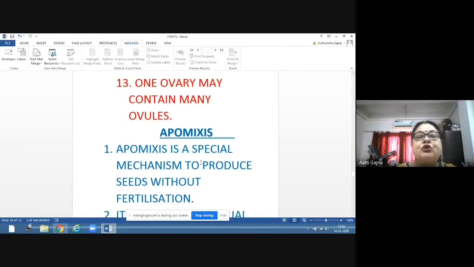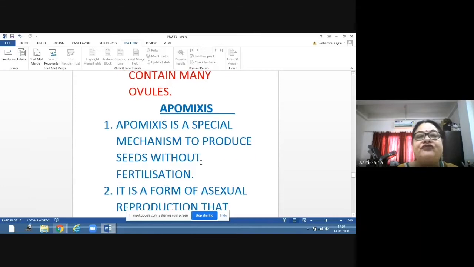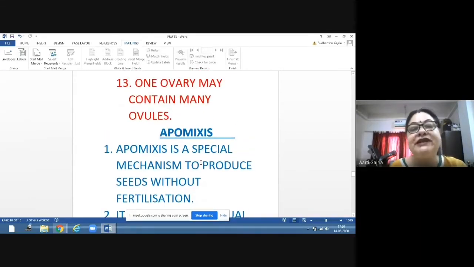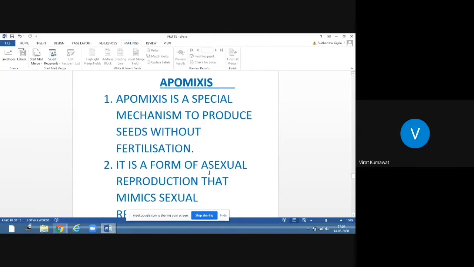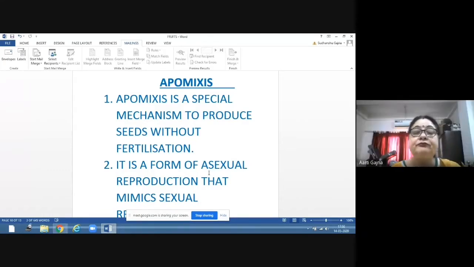Now there are 2 important terms at the end of this chapter: apomixis and polyembryony. Now what is apomixis? Apomixis is a special mechanism to produce seeds without fertilization. Till now we were saying that when fertilization does not take place, seeds cannot be produced.